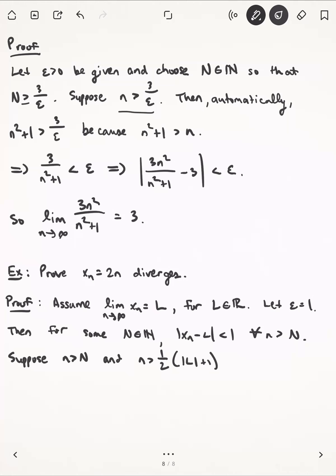I can choose n to be as big as I want, so if n is bigger than N, I can choose it to be bigger than 1/2 of absolute value of L plus 1 as well. Then 2n is strictly bigger than the absolute value of L plus 1.